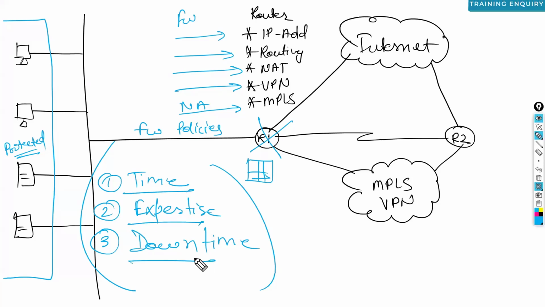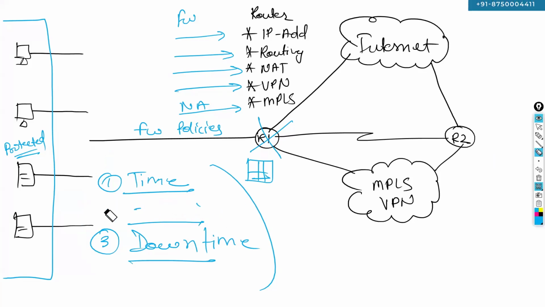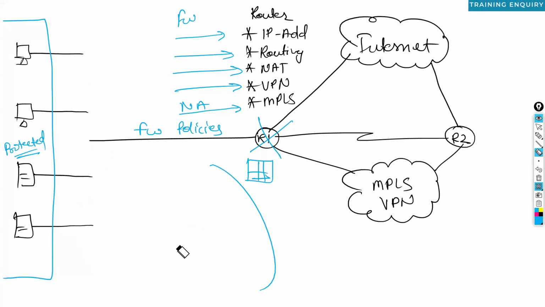Now, for example, we have expertise, but we don't want to do these things. We don't have too much time, and we can't have downtime. It means we cannot make our network down for any minute or any hour because we don't want this.